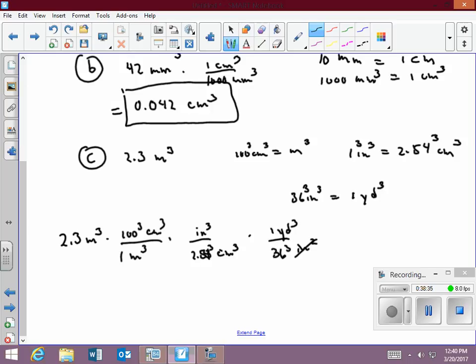Your inches cubed cancel, your centimeters cancel, the meters cancel. So we've done it, right? It's going to be 2.3 times 100 cubed over 2.54 cubed times 36 cubed, and we'll have yards cubed, right?